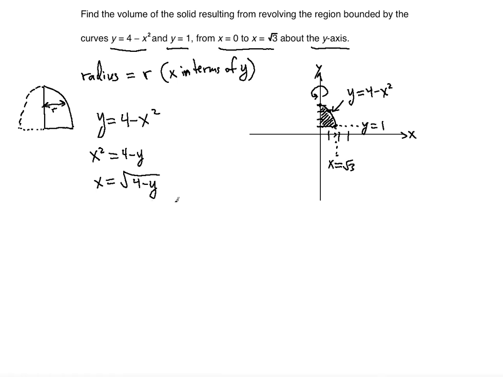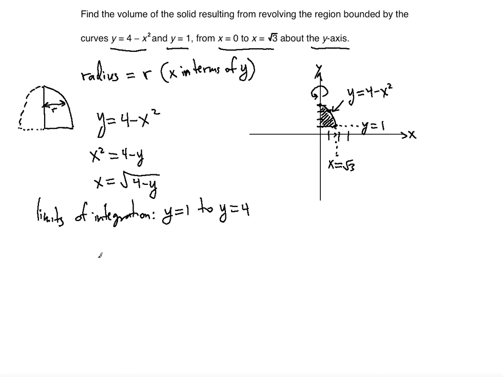And the region over which you will be integrating, the limits of integration, will be y is equal to 1 to y is equal to 4. Like I said before, you are integrating over the y because the y-axis is the axis of revolution for this problem.